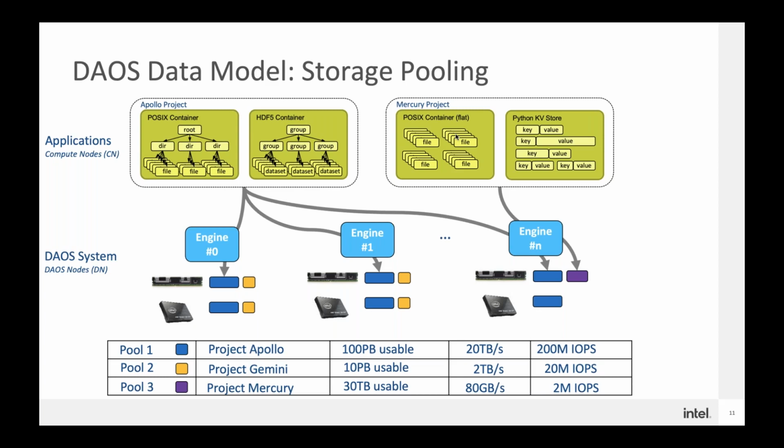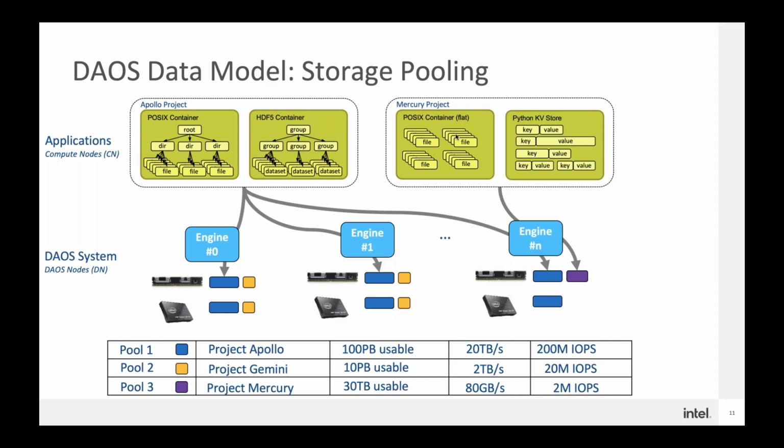So you can see the container as a data set for the application. It can, for example, be created either by a tool or utility, or just from the API. A DAOS container can be created for many different things. For example, it can be a private POSIX namespace, which has all kinds of directories and files.